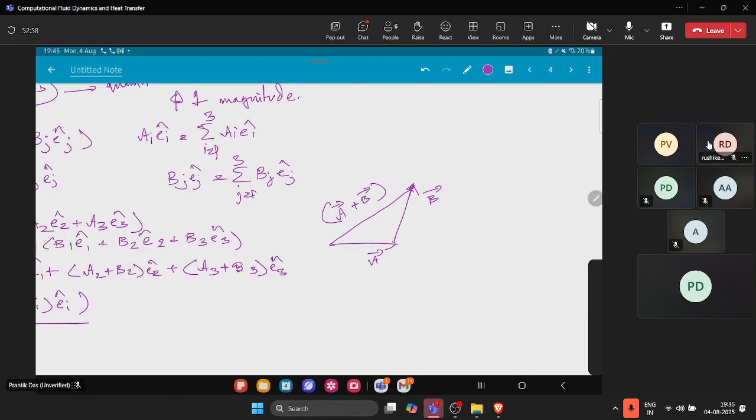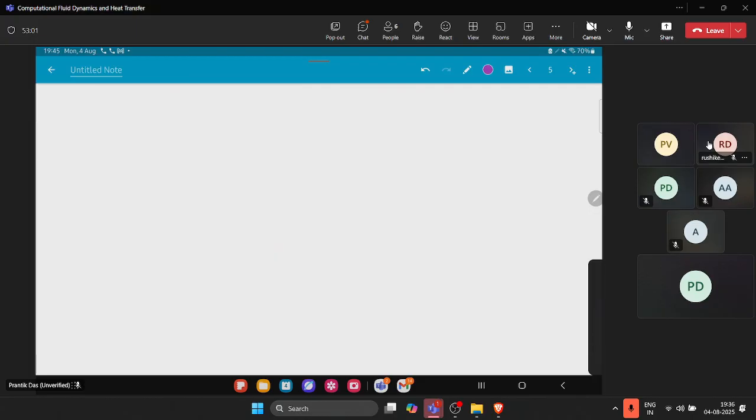And similarly, we can also define the a minus b vector. So it becomes ai ei cap minus bj ej cap, which will be equal to ai minus bi times ei cap. Okay.